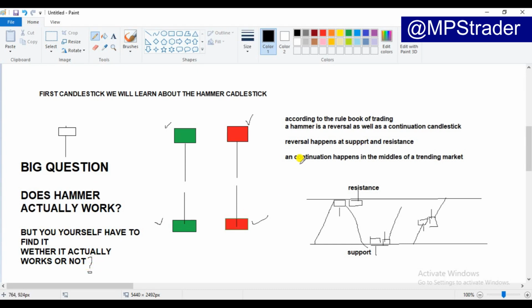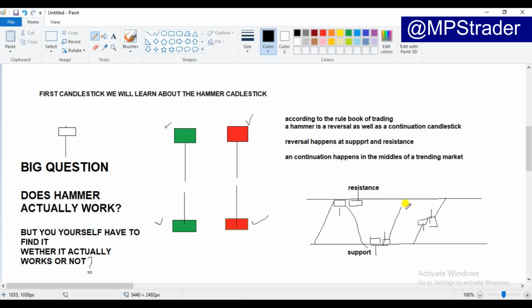I have told you that if a hammer and inverted hammer is formed at resistance or support, this means a reversal. I never said so. It's the rule of the book. In every PDF, everywhere, it is written that if the hammer or inverted hammer is formed at resistance or support, it reverses, right? But you have to find it yourself.